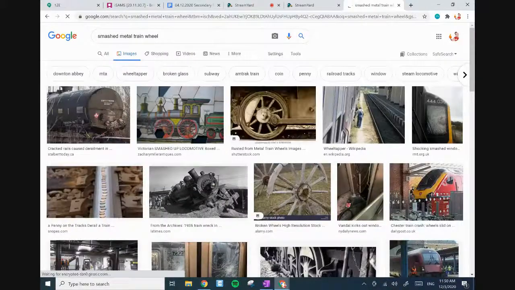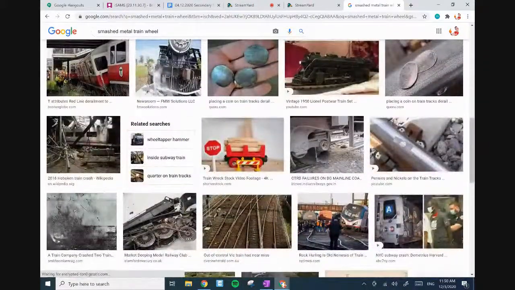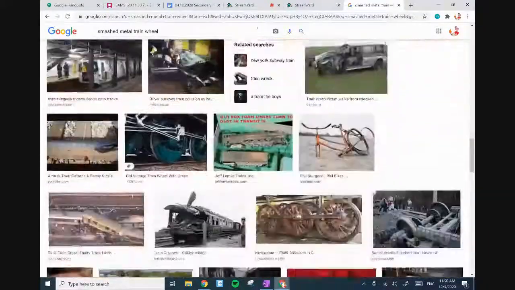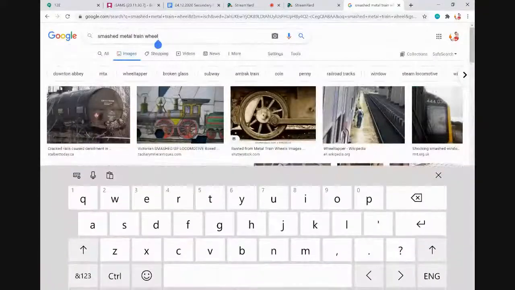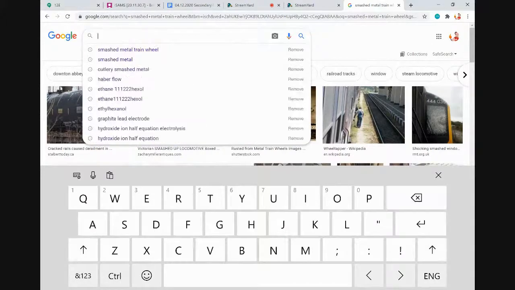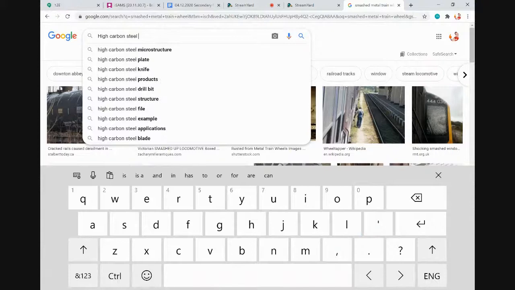Train wheels have high carbon steel, and after so long, they actually tend to shatter rather than bend. Oh, come on! Just show me an example. Let's type in high carbon steel shatter.